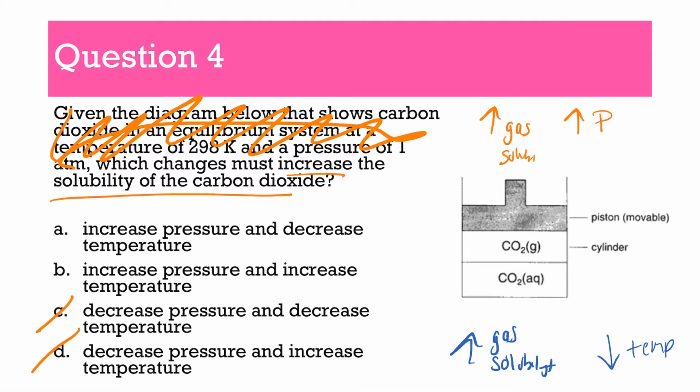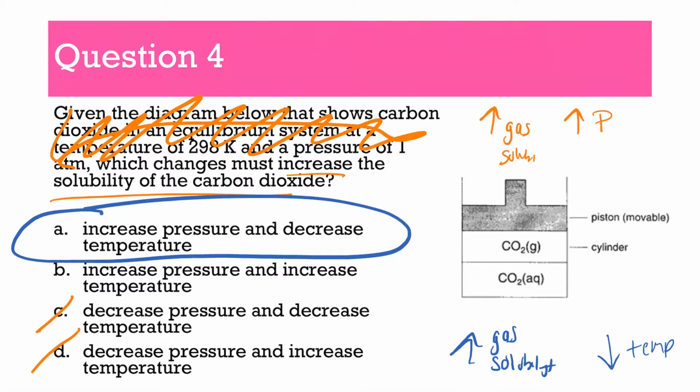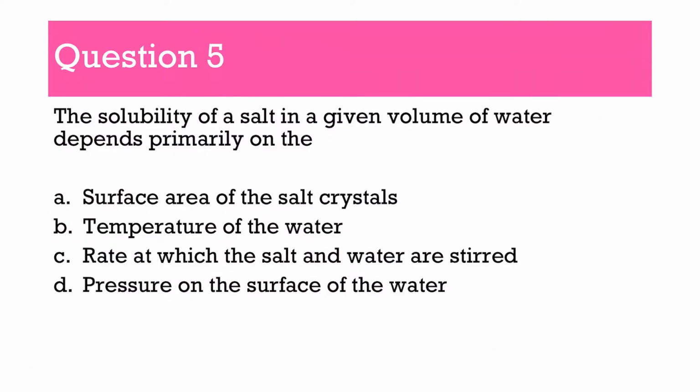If you take a sip of cold soda, you get a bunch of bubbles because the temperature inside your mouth is a lot warmer, so the gas leaves. But the cold soda has more bubbles in it. If you've ever drunk warm flat soda, there are no bubbles whatsoever because all of the gas left. So we want to increase pressure and decrease temperature, and that is answer choice A.